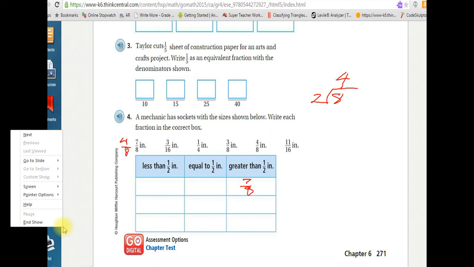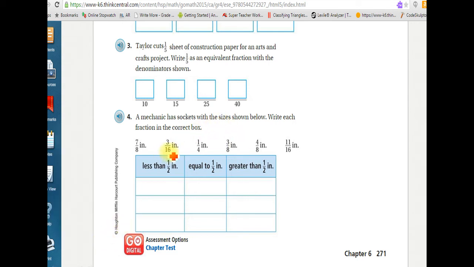I'm going to delete my writing. Again, you can always rewind the video if you want to go back and look at something that I've erased. Okay, so next let's look at the 3/16. Again, my benchmark is the 16. So what's half of 16? 2 goes into 16 8 times. Okay, so 8/16 would be my halfway mark.